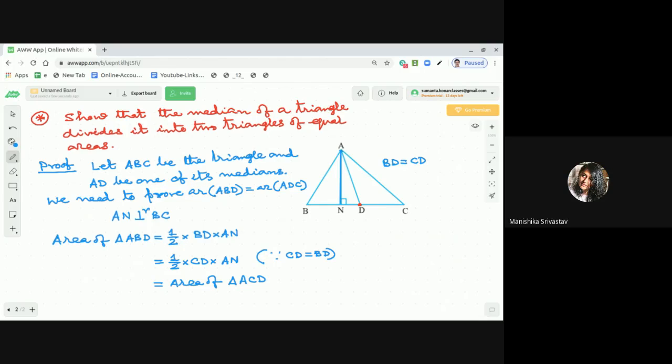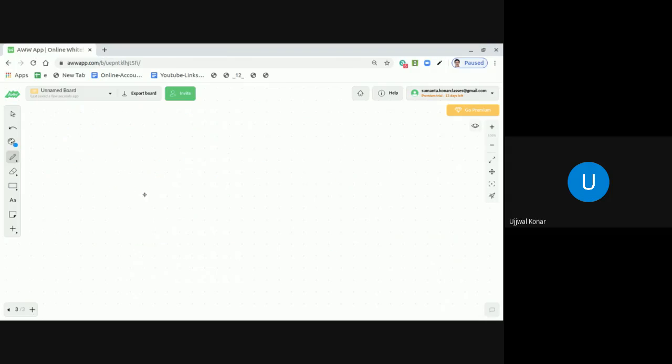Now, as it is clear, dear students, let us proceed to the next question. In the next question, I'm just going to give you a quadrilateral. Let me first draw the diagram and then explain, and let me take you to the next page.